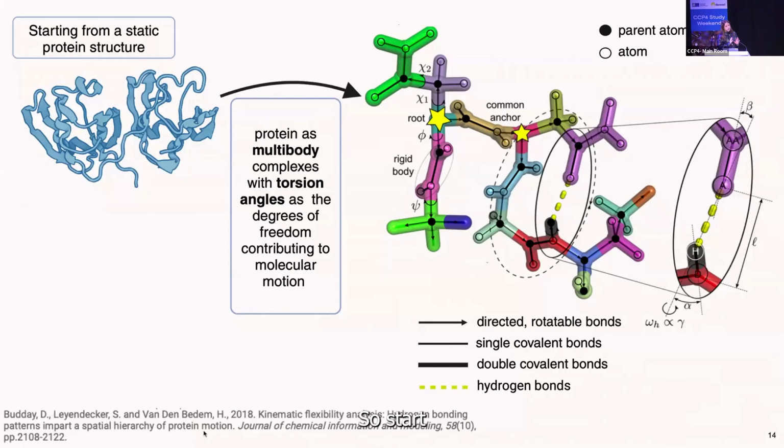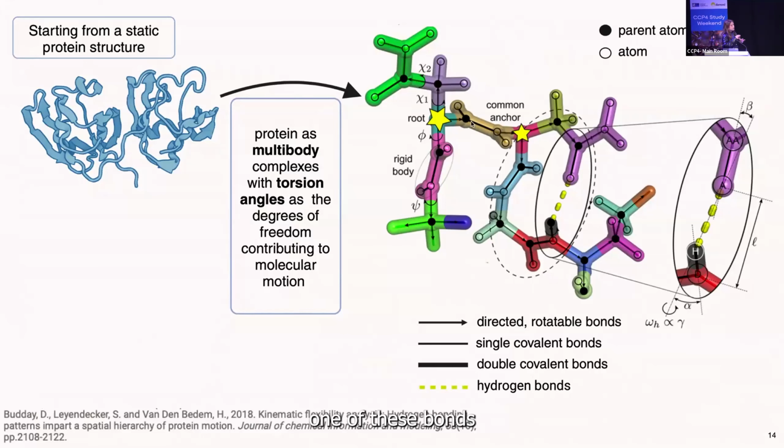Starting from a static protein structure, I can represent the protein as a multi-body system with torsion angles as the degrees of freedom contributing to the molecular motion. Looking here, each one of the circles represents an atom, and I have categorized the different bonds into directly rotating bonds, single covalent bonds, double covalent bonds, and hydrogen bonds.